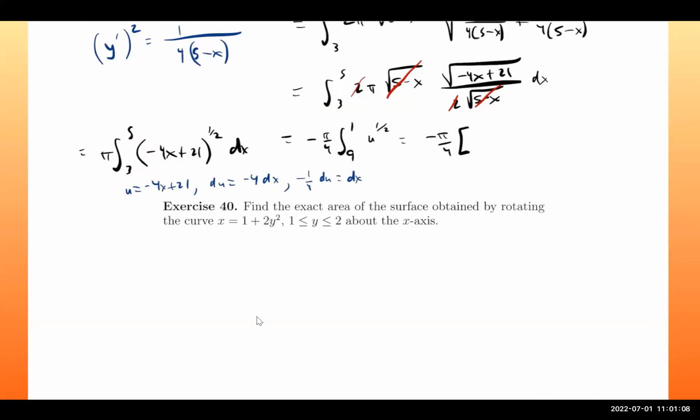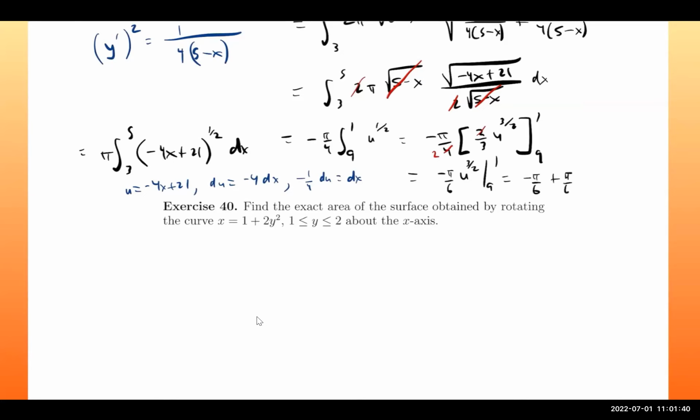All right, so now this becomes negative pi over 4 times 2/3 u to the 3/2, from 9 to 1. The 2 simplifies with that, and that's going to be negative pi over 6 times u to the 3/2, from 9 to 1.